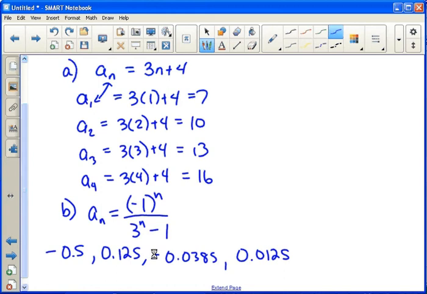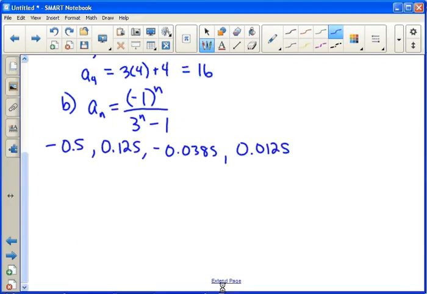So I want to say again, this is called the explicit form. These sequences are written in the explicit form.